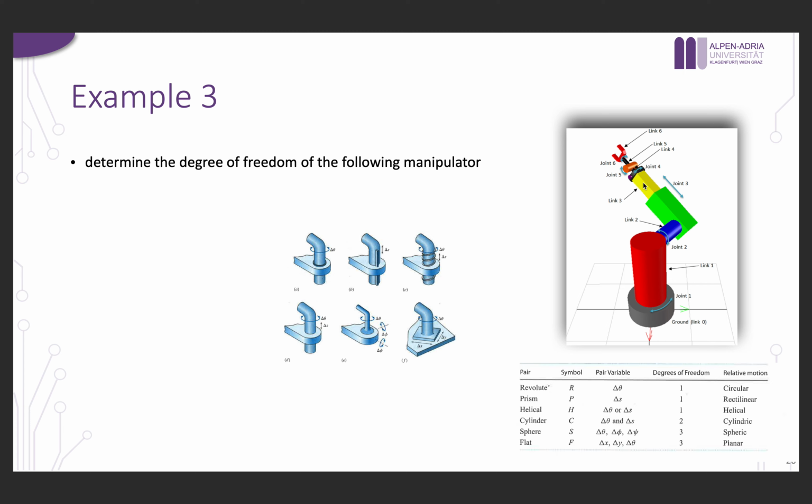Link 3 is the yellow one, which is sliding inside link 2. And here joint 3 is prismatic. Then we have joint 4, which is rotation between link 4 and link 3. We have joint 5, which is a rotation between link 5 and link 4.